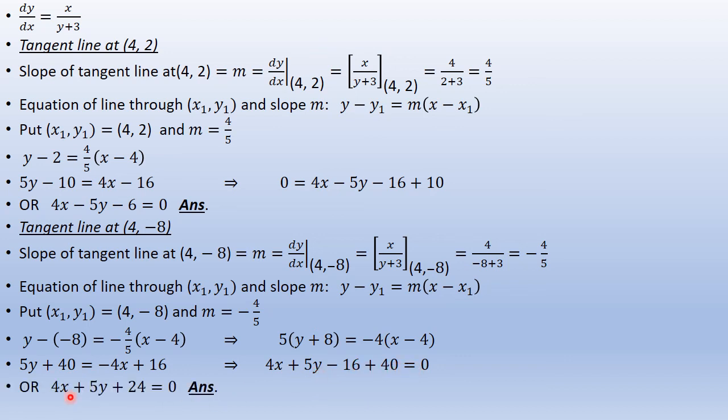As a result, you get 4x plus 5y plus 24 equals 0. So you get the second answer. It is the equation of the tangent line to the given curve at the point (4, minus 8), and the previous one was the equation of the tangent line to the given curve at the point (4, 2), and that completes the solution.